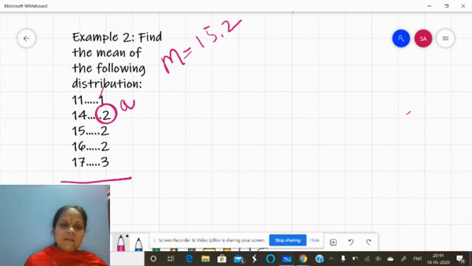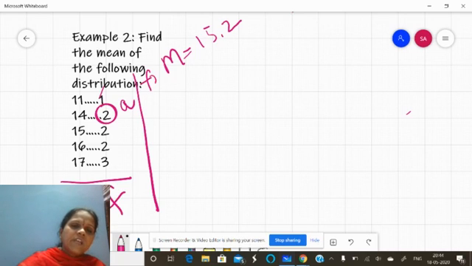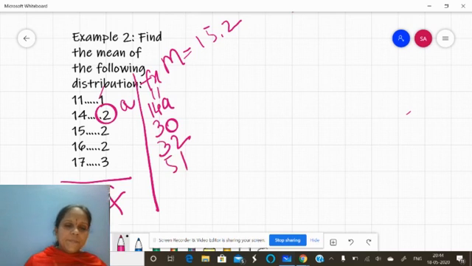Now what is the method which is used to find the missing frequency? Let's see. Now it remains the same. This is x, this is f, and I have to go for fx again. So 11, this will be 14a, this will be 30, this is 32, and this is 51.